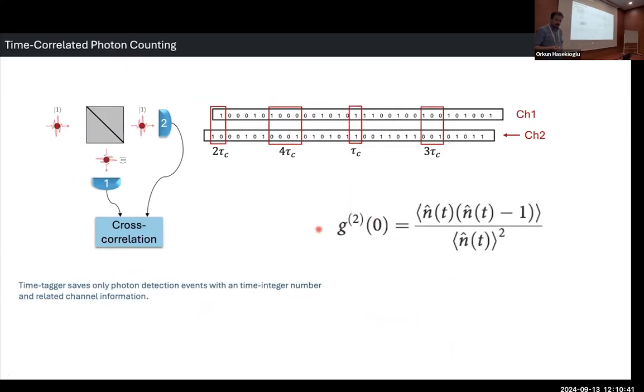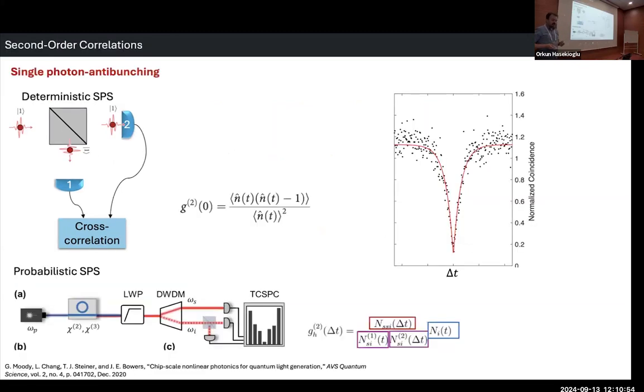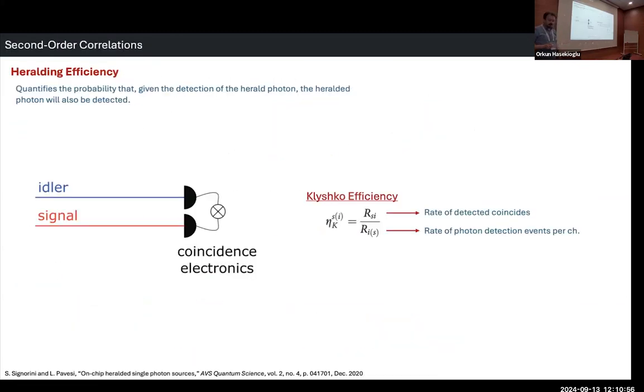For example, let's say this is a heralding single photon source. If you see the ones always together, that's a good source, which will give you a very high photon coincidence detection rate. It will be very high compared to the single detection events. Okay, this is a normalization and will give you the heralding efficiency.